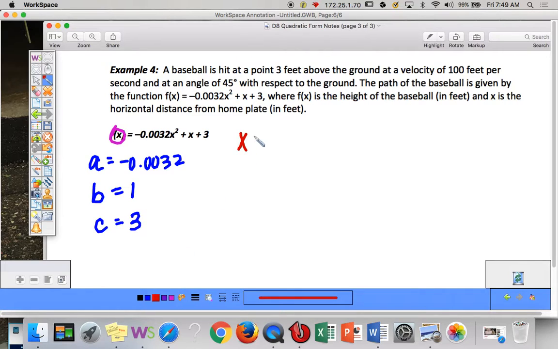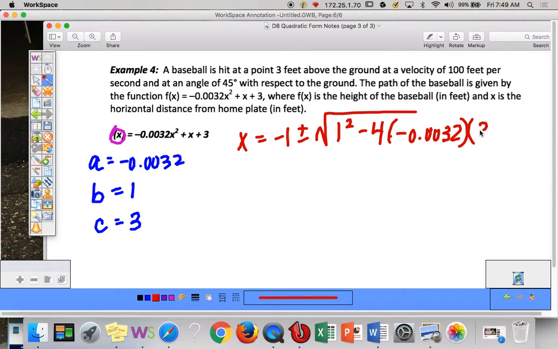Plug in your formula. X equals opposite b plus or minus the square root of b squared minus 4ac. So this will be negative 1, and a is negative 0.0032. C is 3, all over 2a.